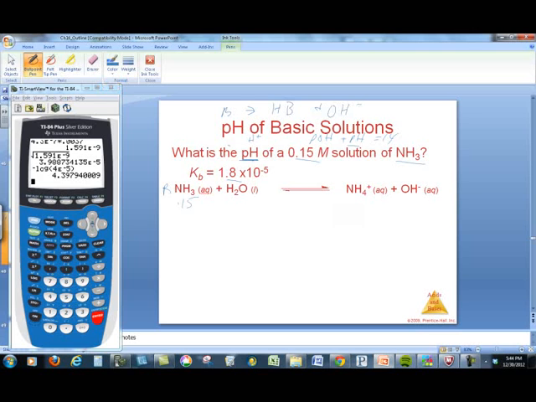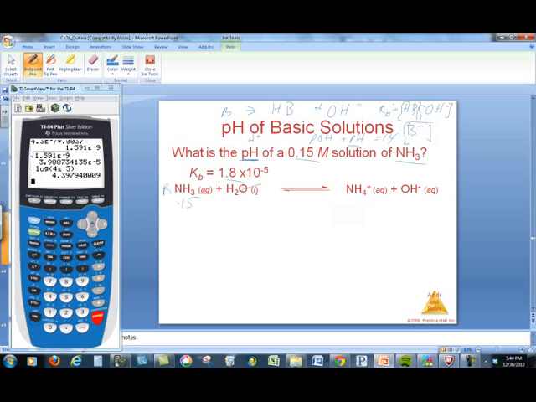So the Kb is going to be the HB times OH- concentrations over the base concentration, and because water is a liquid, it's not included.